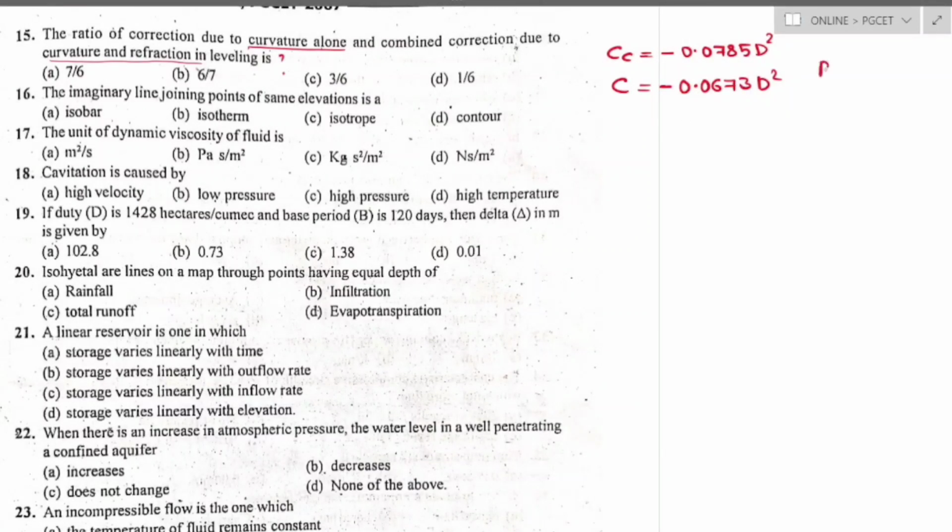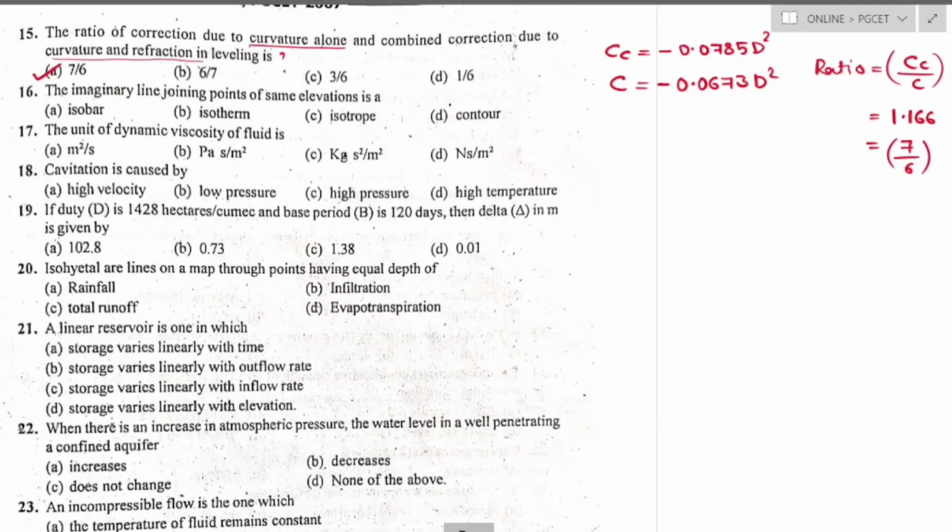So the required ratio is Cc by C, you will get as 1.166, that is 7 by 6. Option A is the right answer.